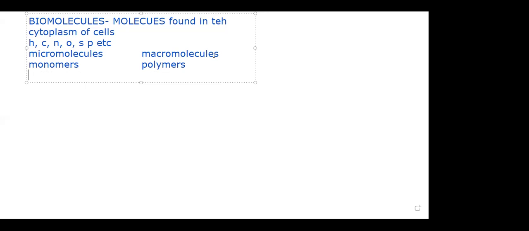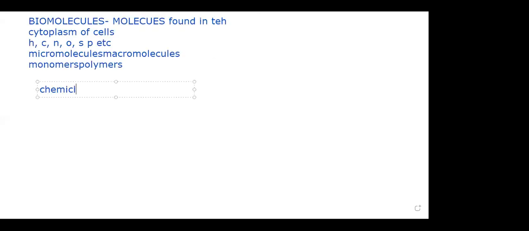So how are we going to analyze? It is by chemical analysis of the biomolecules. How are we going to analyze the molecule?